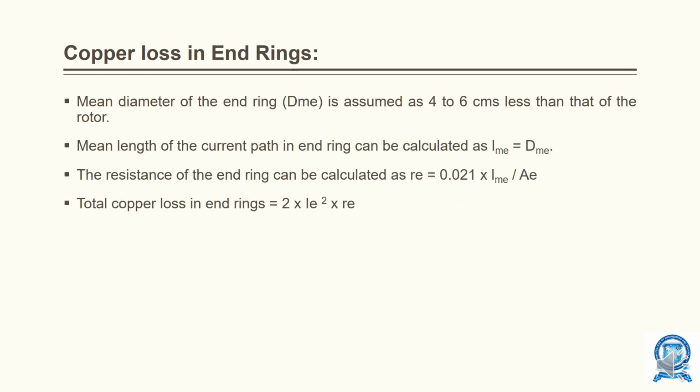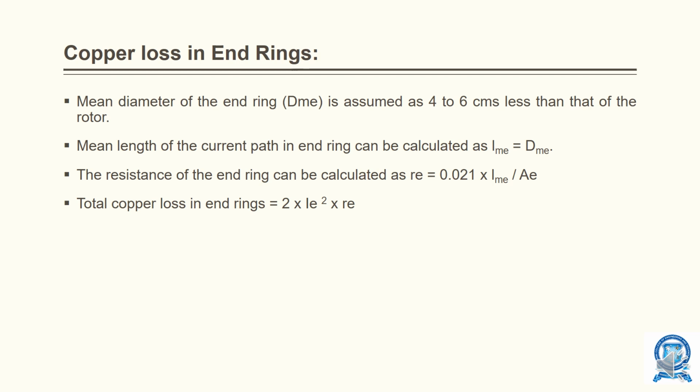Copper loss in end rings. Mean diameter of end ring is assumed to be 4 to 6 cm lesser than that of the rotor diameter. We know that the main diameter is D and the rotor diameter is lesser than the main diameter. Again, the end ring diameter is 4 to 6 cm lesser than that of the rotor. The mean length of current path in end ring can be calculated. lme is equal to pi times Dme.